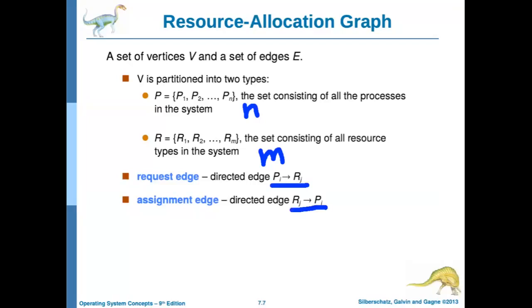So for example, Rj arrow Pi denotes that the ith process is holding the jth resource type, or in other words the jth resource type is assigned, because this is called the assignment edge. Resource is assigned to process Pi. Okay. Any doubt in this? Because anyway we will see an example for that.